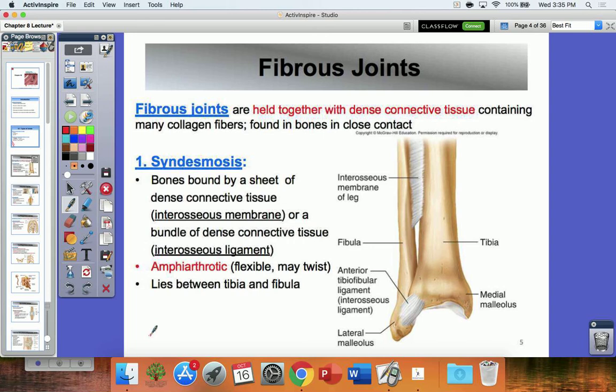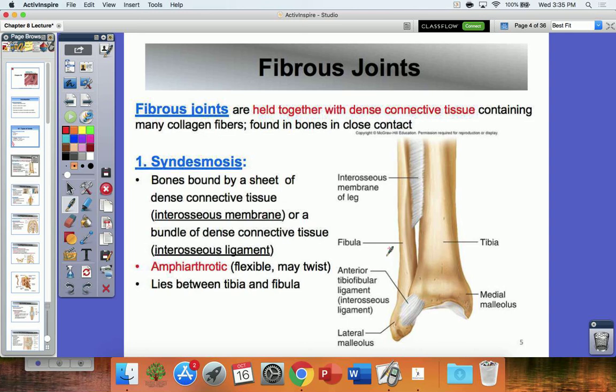And so an example would be between the tibia and fibula, where we can kind of twist them a little bit, but it's not freely movable like the ones that we think of when we think of a joint. But it does have this what we call interosseous membrane between the two, which again is just this connective tissue that's bridging the two together.